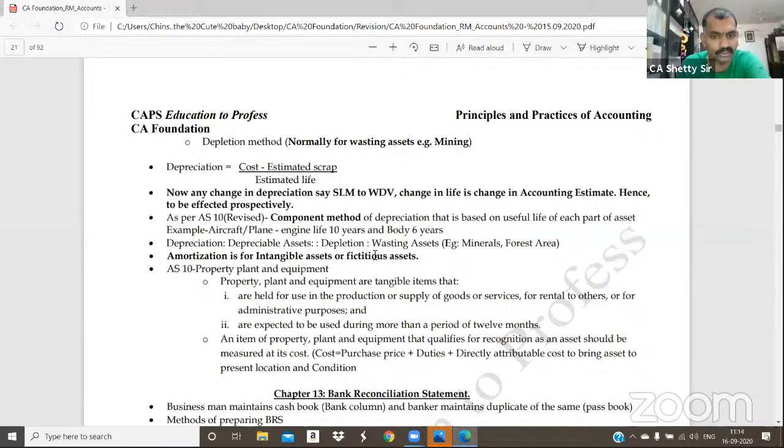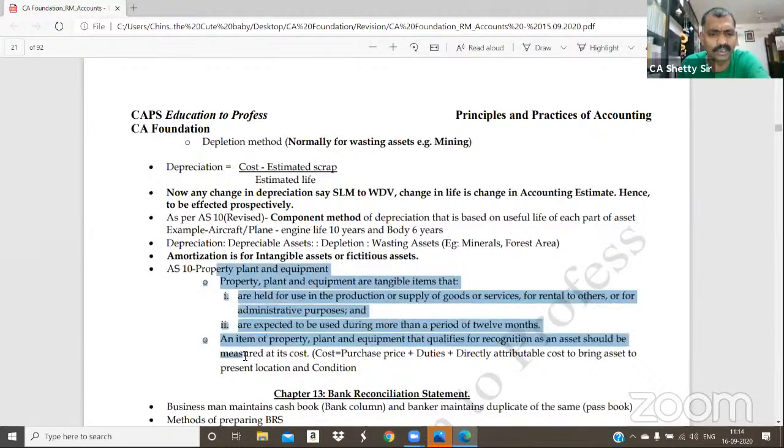I'll give dictated notes anyway. Depreciation is for a depreciable asset, depletion for a wasting asset, as I've already told you. Then amortization for an intangible asset. Then the definition of PPE, property, plant and equipment: a tangible asset held for manufacture.